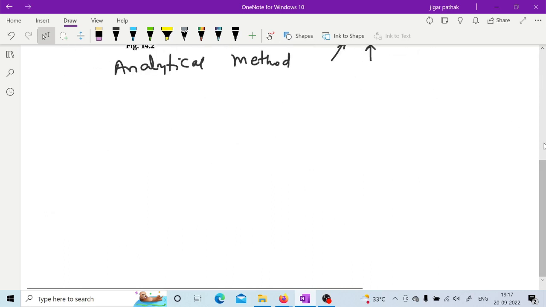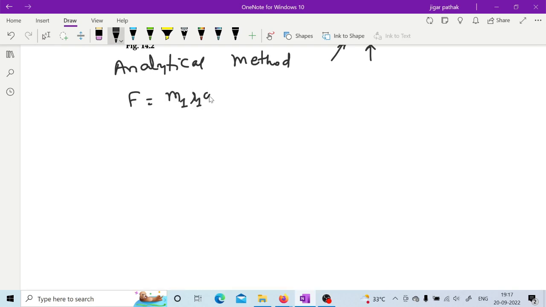Okay. So in case of the analytical method, what you have to do is, if you observe that here the force is m1 r1 omega square plus m2 r2 omega square plus m3 r3 omega square, right? Here, if it is statically balanced, it means this F, whatever you have calculated, must be 0, right?